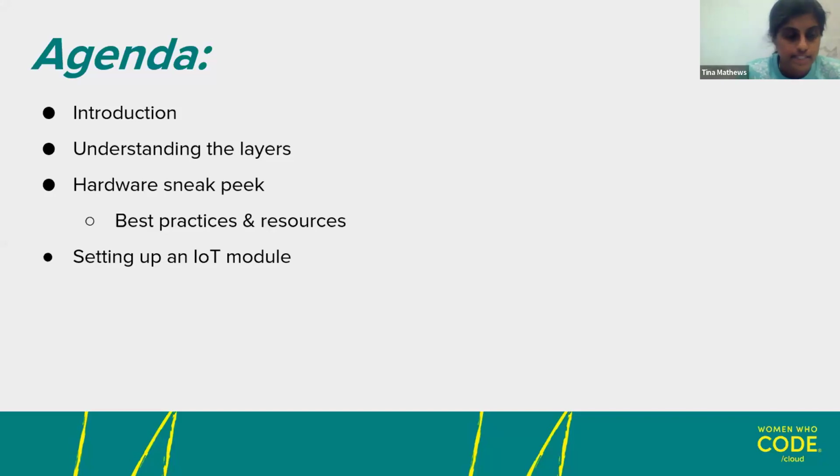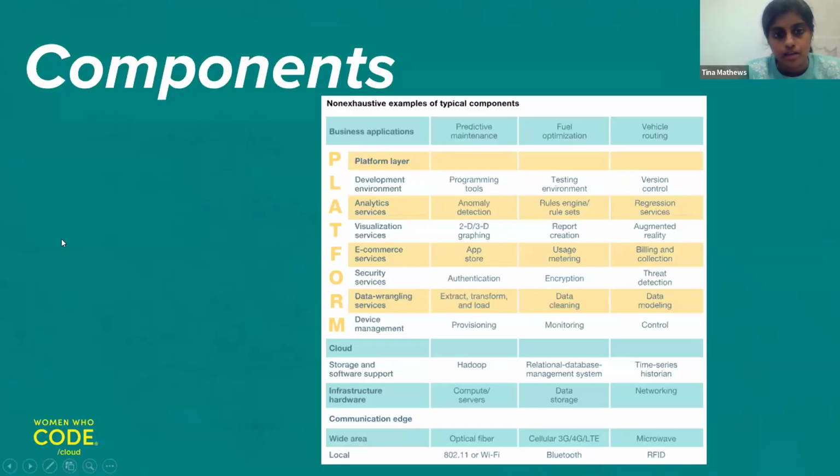Now let's understand the various layers and get a sneak peek of the hardware. This is again from the comprehensive IoT platform from McKinsey, and we can see that an infrastructure or hardware will have various compute servers, data storage and networking. The modules are where we would collect all our information. The data storage is where we put things together. And the network is how the connectivity appears. Obviously, we need various development environments, some programming tools to bring up all these compute servers, and a testing environment.